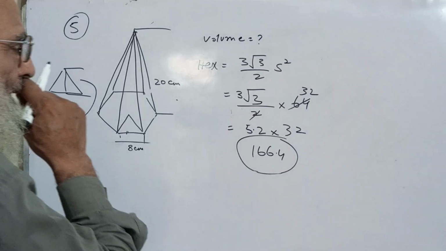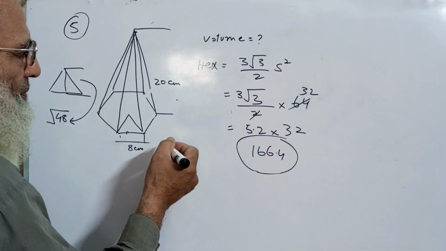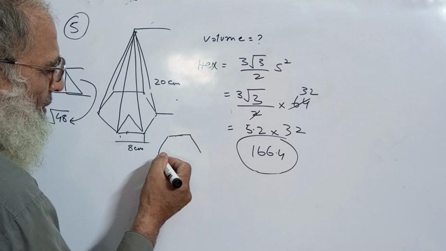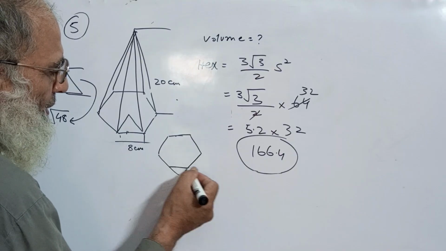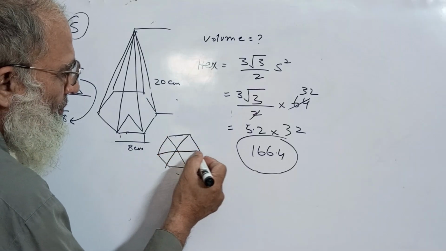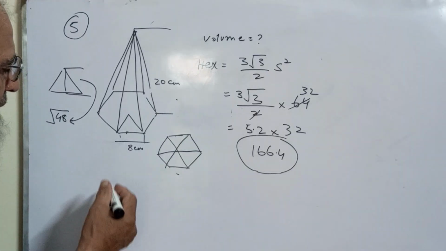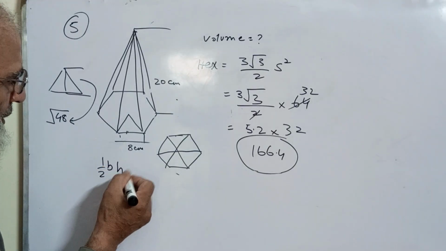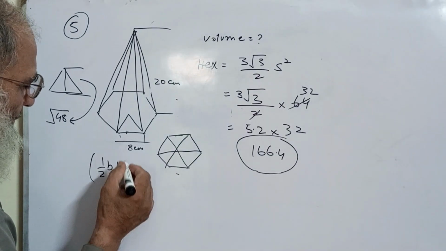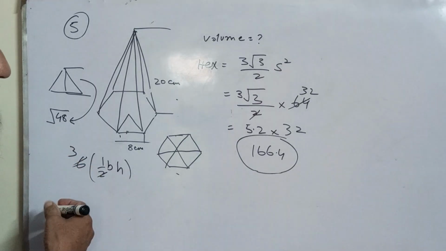Now what about if I do it like this? This was the regular hexagon, and we have joined all the diagonals. These are 6 triangles. 6 triangles mean half base into height for one triangle, so for 6 triangles it will remain 3, base into height.